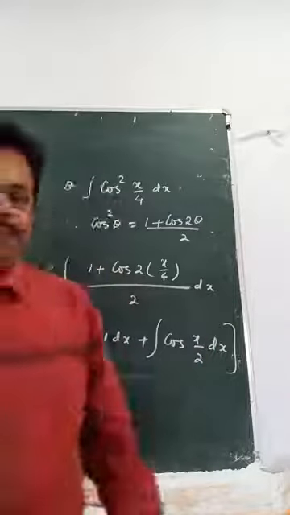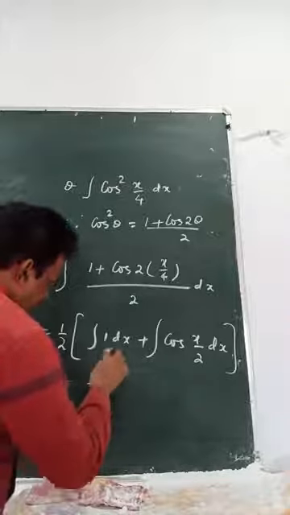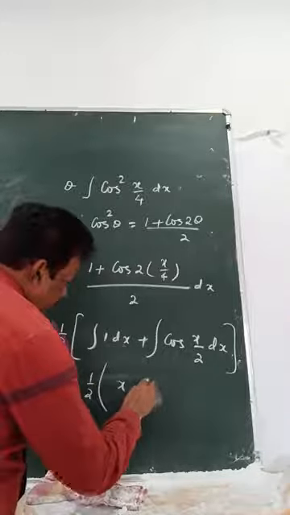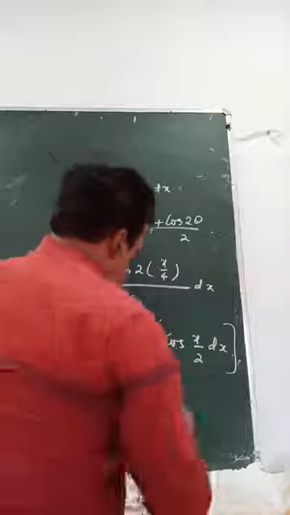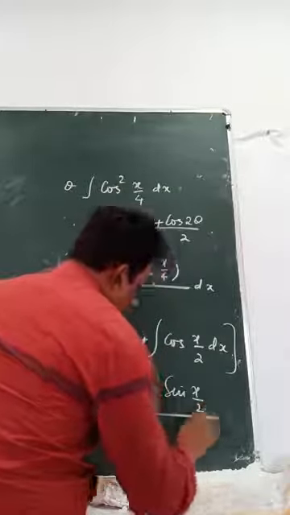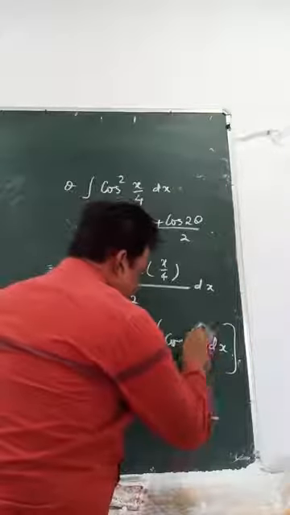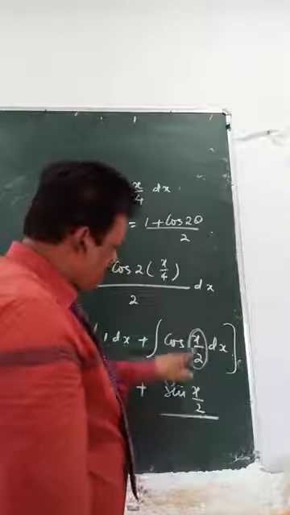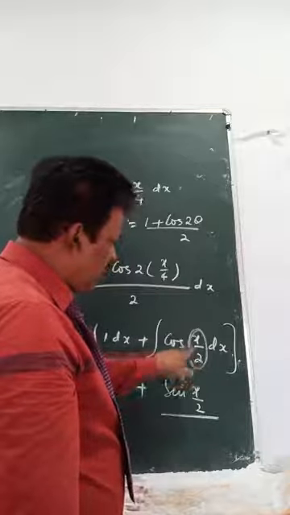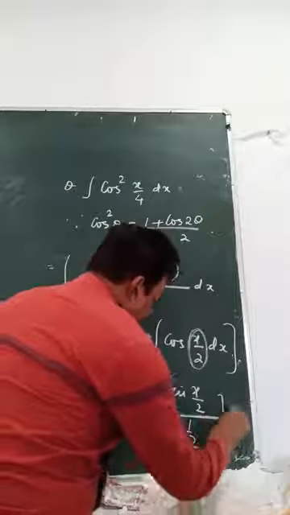Got it? Then this is half of x plus cos's integration, sine x by 2 divided by x by 2, chain rule again. Its derivative you have to divide. x by 2's derivative is half into x's derivative 1. So half, then plus c.